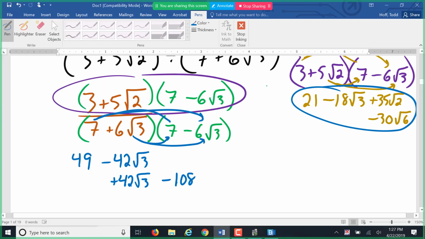Just double checking. It's been one of those days. So the negative 42 and positive 42 root 3 cancel out. 49 minus 108 is a negative 59.